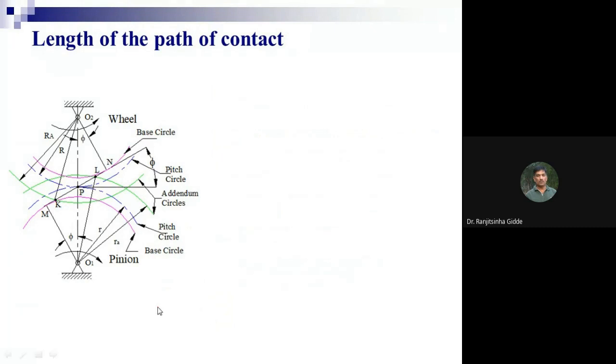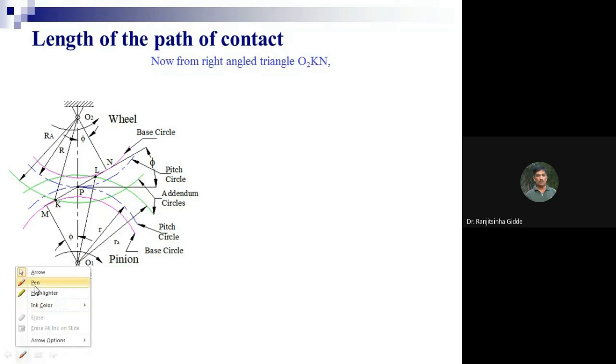Okay. Now I will open the next slide. Now you need to consider, our aim is to find out this Kp. How to find out this Kp? For that we need to consider a right angled triangle, this O2Kn, that we need to consider.